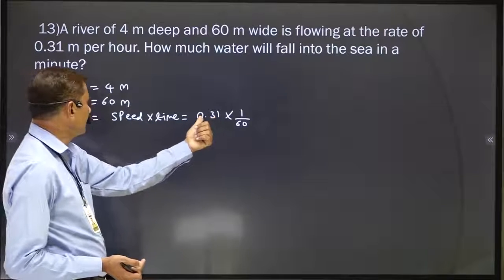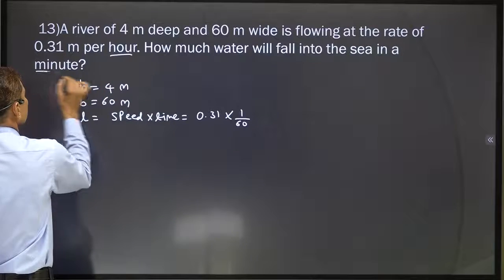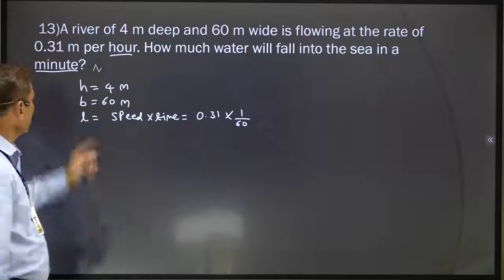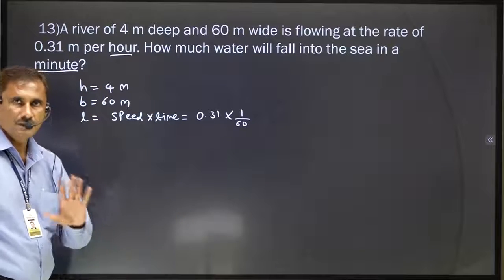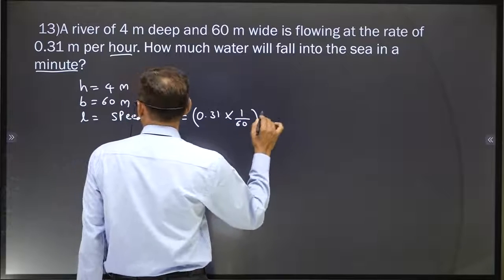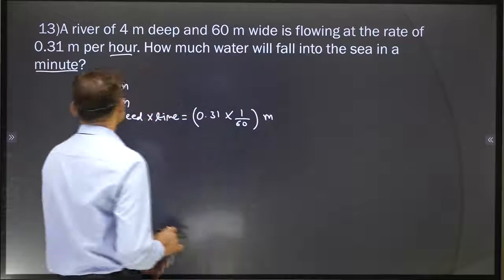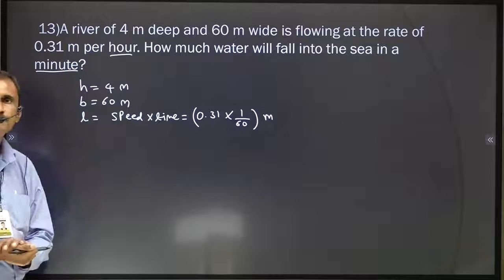Speed is given, and time should be in the same unit. So I have to convert this time into hours. So I divided by 60, you know that. Okay, so this much meter, meter per hour, so in meters.